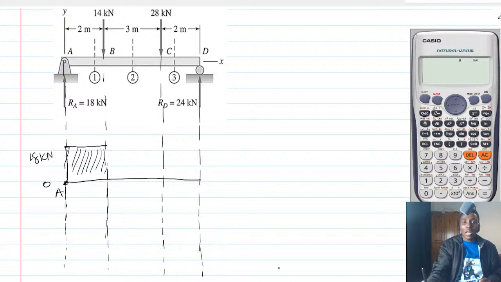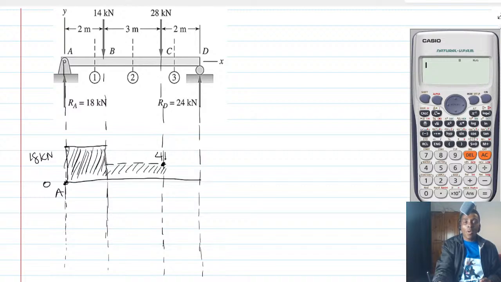So you are at 18, and then now you drop. It's going to come down, and this is 18, right? So now you have dropped to 4.